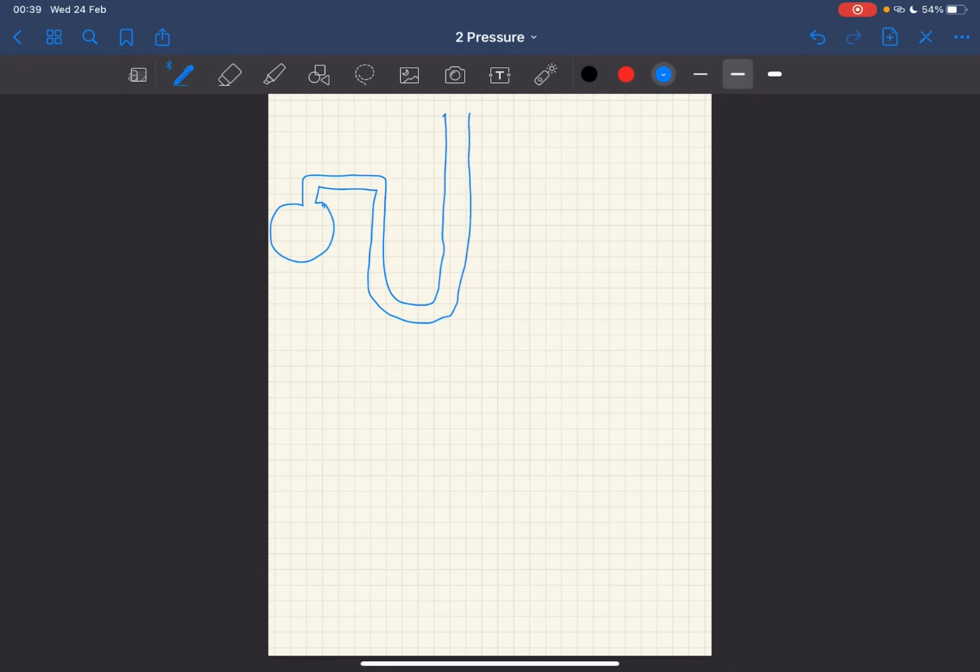Okay, it's kind of the same thing. This is mercury. This is 20 mm. So this is gas Q. Can you tell me between gas Q and the atmosphere, which one is stronger?